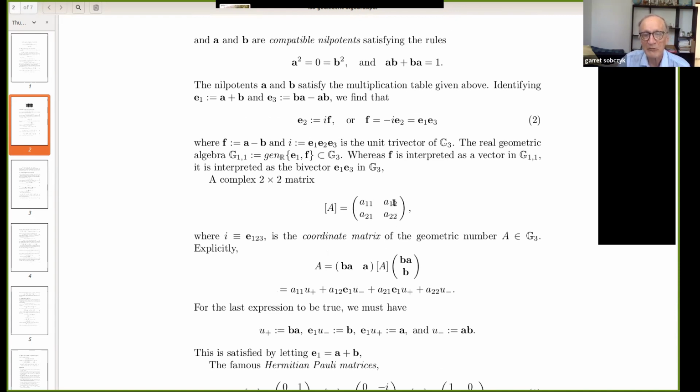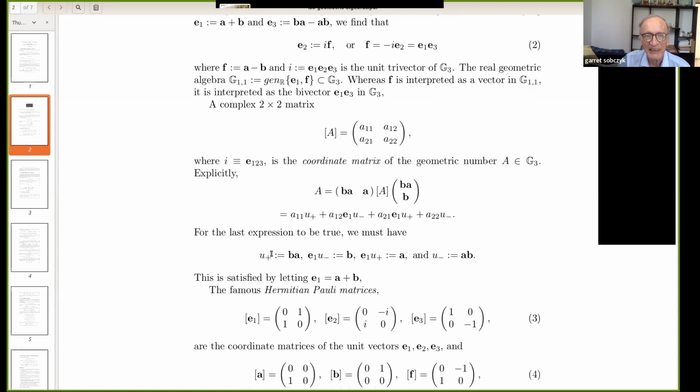But if you consider these to be formally complex numbers, then we have the geometric algebra G3. So again, you have U plus, that's just the matrix with 1 in the place of A11, 0, 0, 0. Okay, E1 times U minus is B. Well, that corresponds to 1 in this place and 0. E11 times U minus is B.